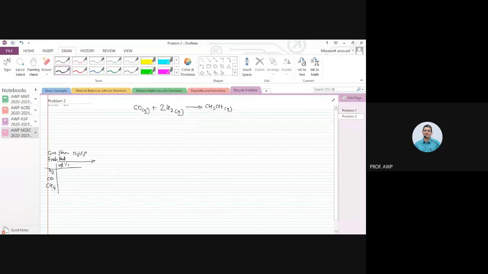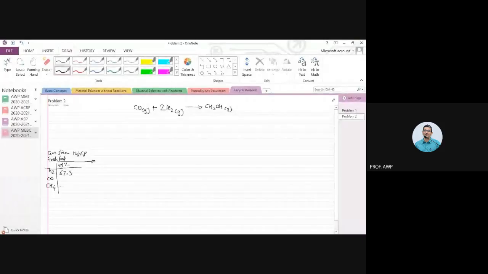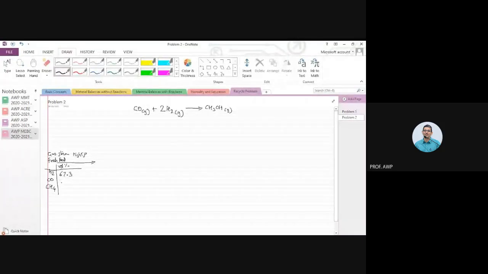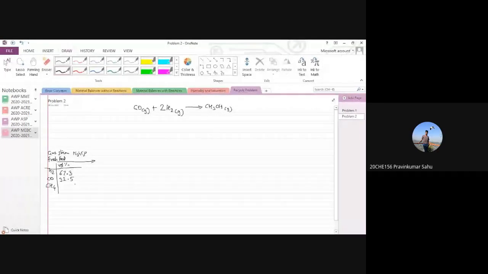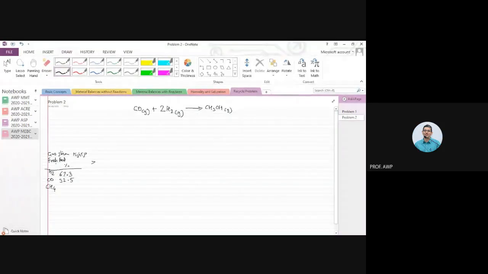It is a gas phase reaction. So hydrogen is 67.3 percent. Carbon monoxide is 32.5 percent. Sir, volume percent, no? Yeah, volume percent. Volume percent and mole percent are the same.